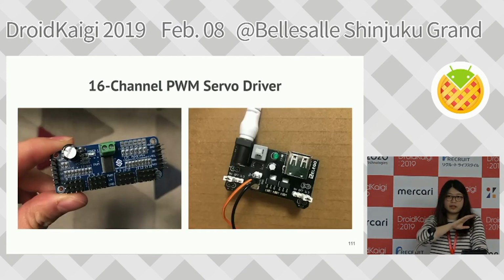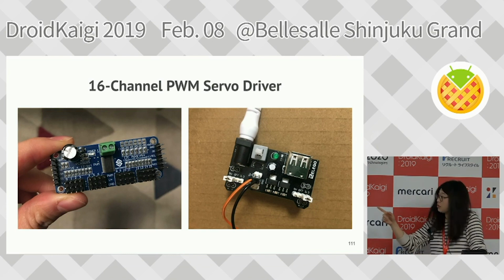And in order to make 3 of 5, because I did the version of rock, paper, scissors, lizard, and Spock. So in order to manipulate several arms, I needed to use a driver, which is the 16-channel PWM Servo Driver.